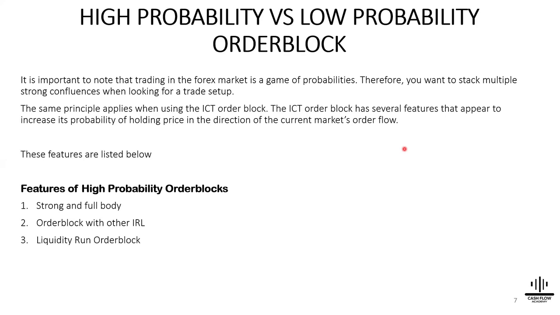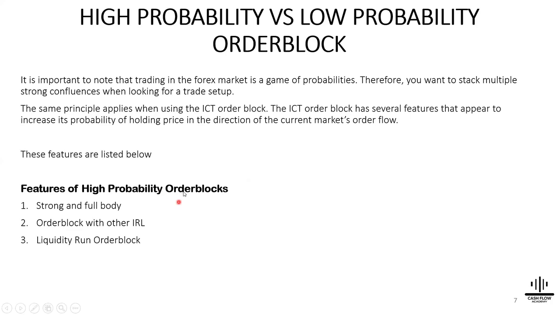But then you have to couple a lot of things like the smart money divergence, protraction, manipulation, reversals, consolidation, market open, displacement, ICT order block, order flow. A lot of things you can combine to form your own model. Because the game of forex will always be a game of probabilities. The same principles apply when using the ICT order block. The ICT order block has several features that appear to increase its probability of holding price in the direction of the current market order flow.